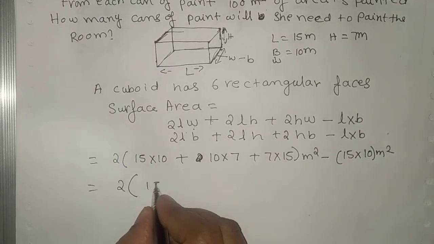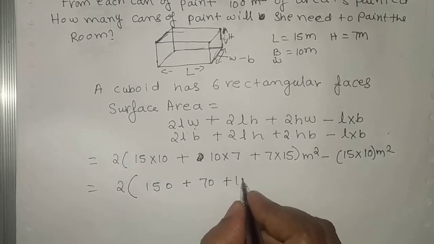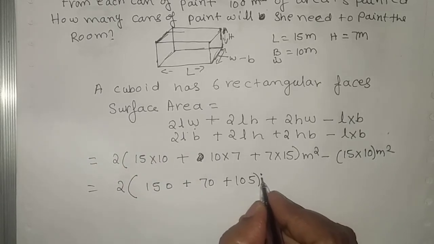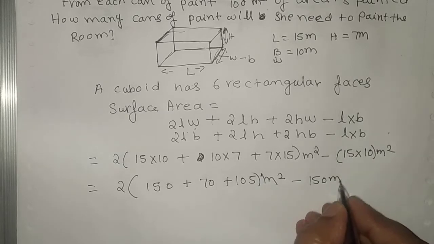So 2 into 150 plus 70 plus 105 m square, minus 150 m square.